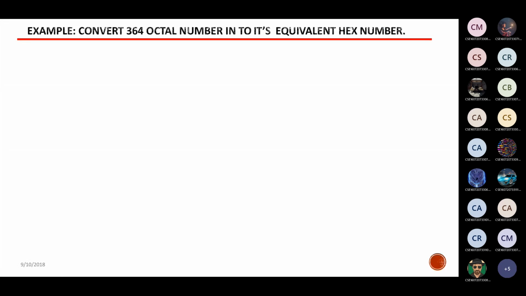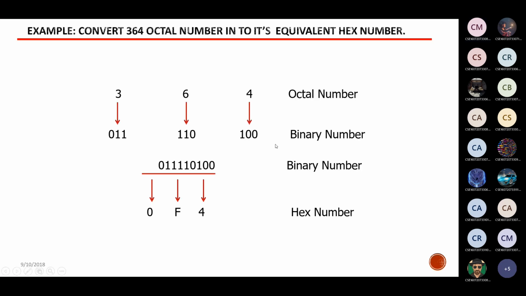First convert 364 into binary and then into hexadecimal. 0F4. Okay, let me check. Right. 0F4 is the answer.